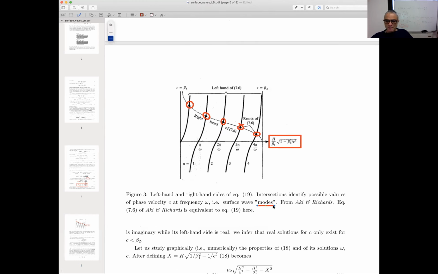You will hear people talking about the fundamental mode of a surface wave, which incidentally is the mode that in the real world carries the most energy, at least for faraway quakes. In this diagram it is the mode that corresponds to the lowest possible frequency. And then just like you have overtones on the string, you have surface wave overtones.